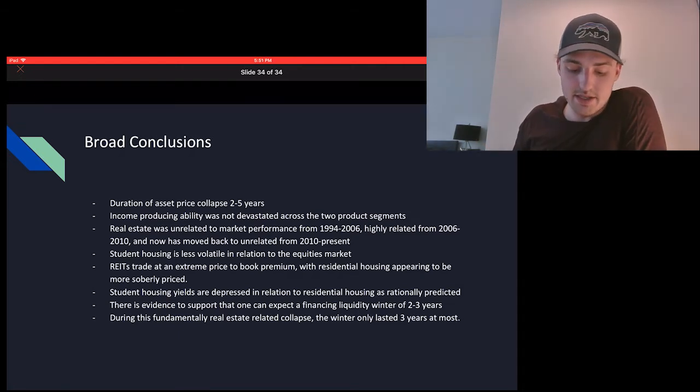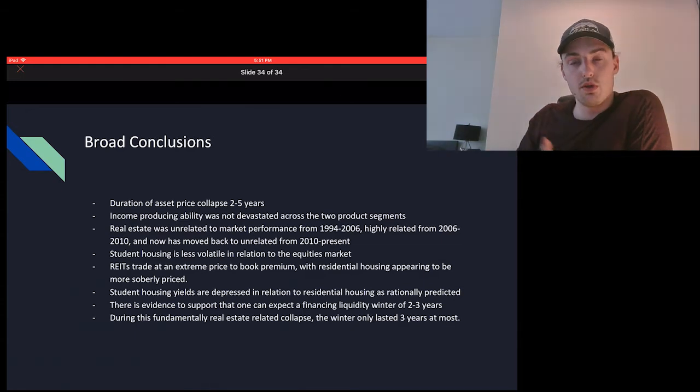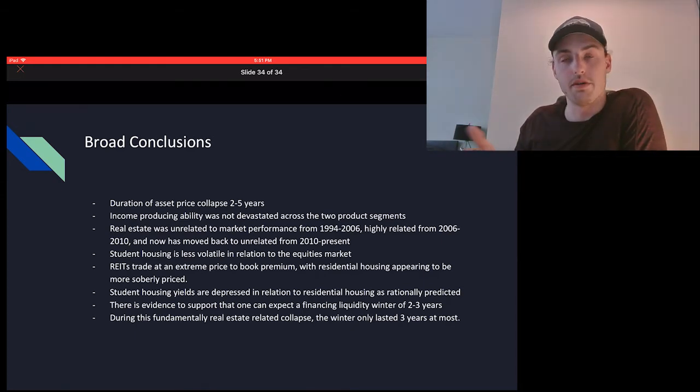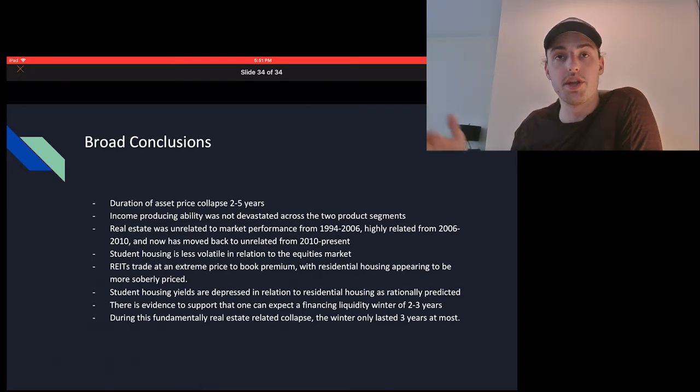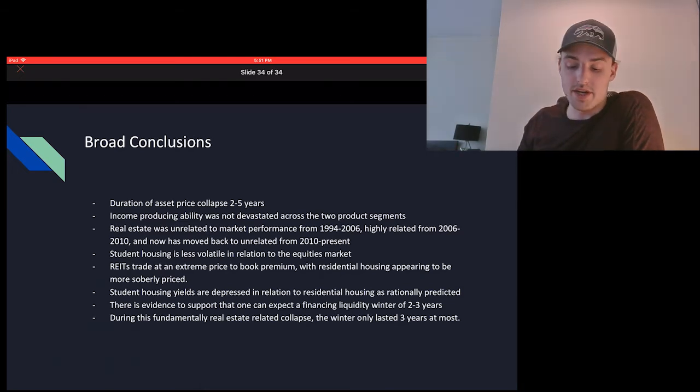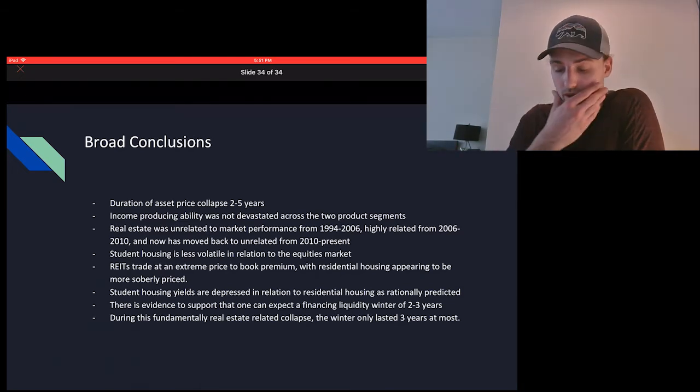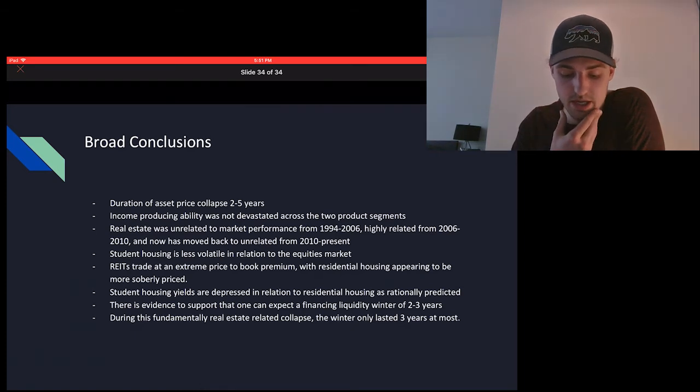The next thing is, lots of evidence throughout here that student housing is less volatile in relation to the equities market and also the apartment residential market, for those reasons that were discussed throughout.